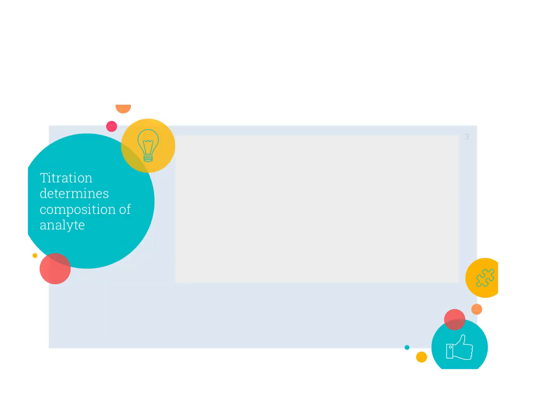Now, there are three main types of titrations that we're really going to be considering here. The first is acid-base titration, and this is really the most common. It can tell you the concentration of an acid or a base based on that neutralization reaction happening. So this is based on neutralization.